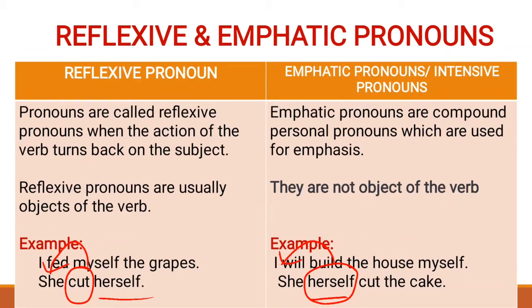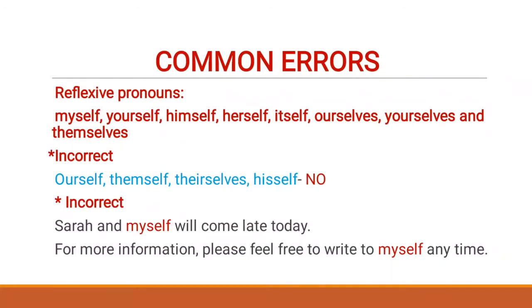Now, let's talk about some common errors in using reflexive and emphatic pronouns. Most of the students write words like ourself, themself, their selves, his self. These are wrong words, or you can say they are not real words. They do not exist in English.